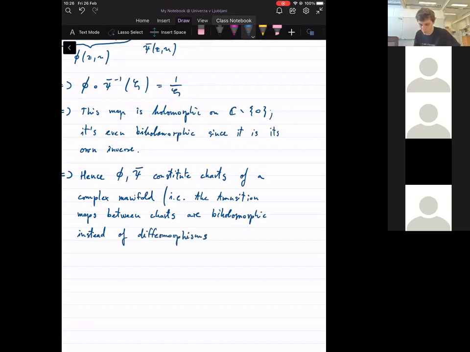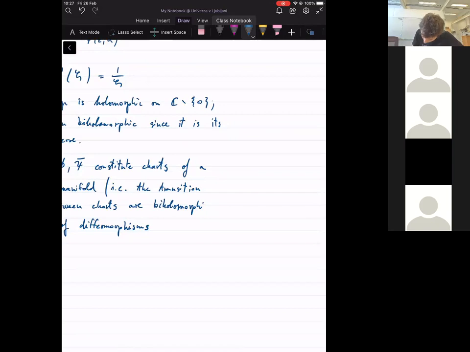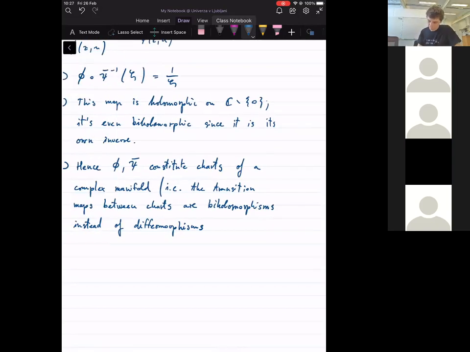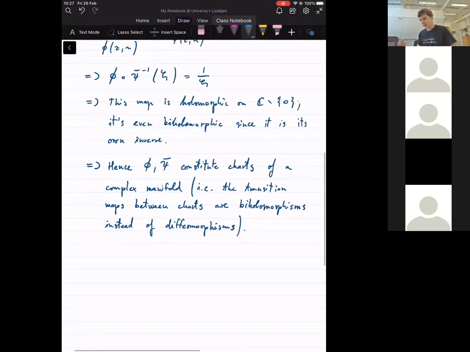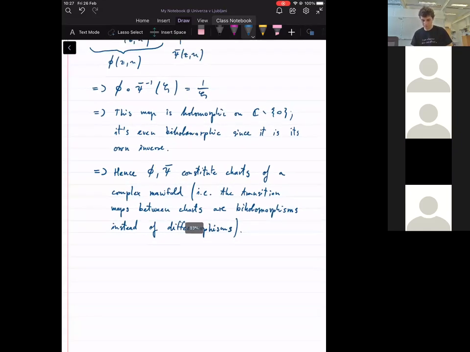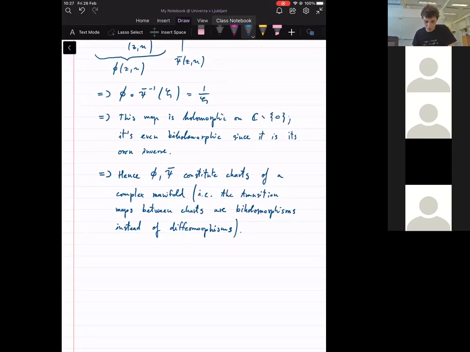So maybe we should write biholomorphisms instead of biholomorphic. This is something that's maybe worthy of talking about. This is the reason why we did it.